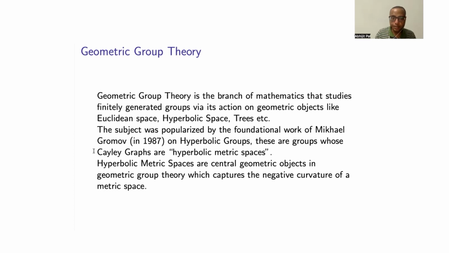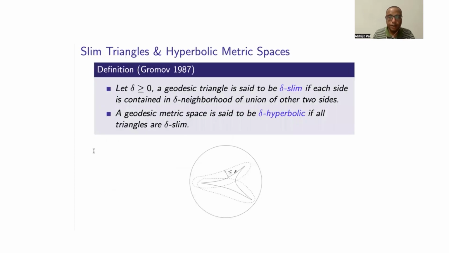Okay, so let us quickly see the definitions of all this. The slim triangle we have already defined in the hyperbolic plane. In a metric space, you can also define slim triangles. You start with a non-negative number delta.